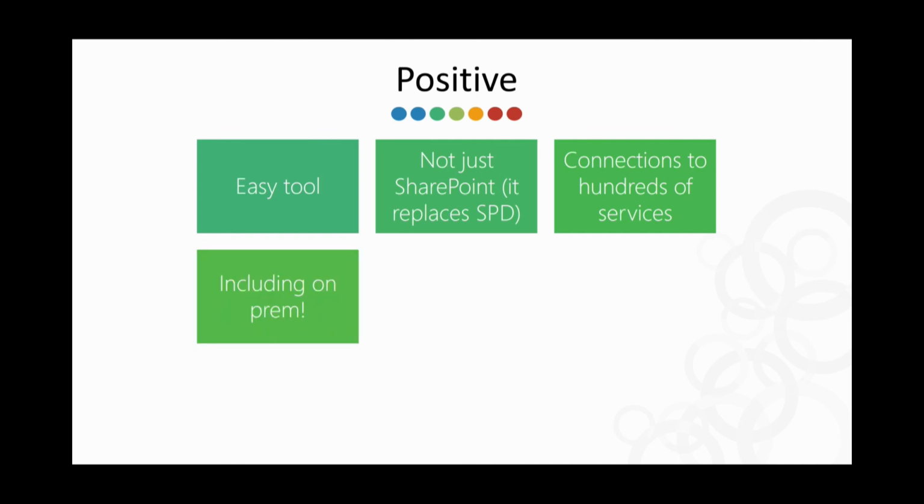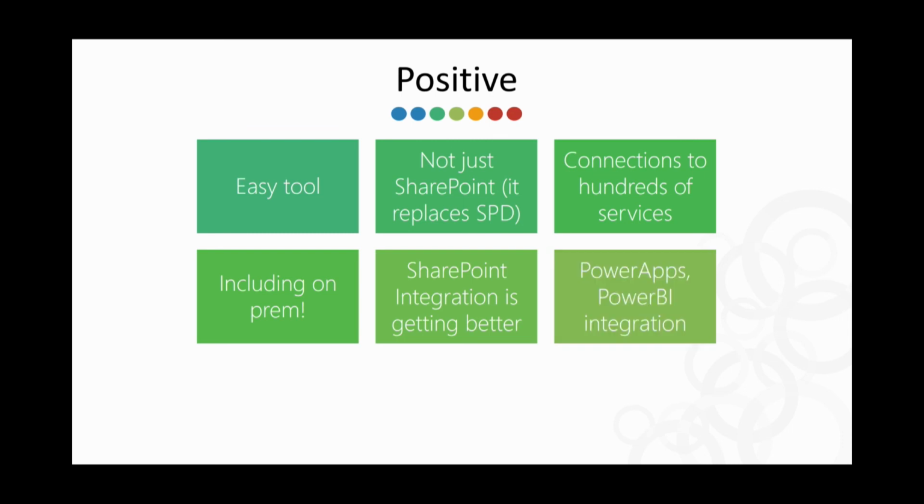Also, you can communicate with on-prem, and you can have more with SharePoint 2019, where in on-prem you will see the menu. And the integration with SharePoint is getting better. You have seen who owns the list, who owns the flow, the list can own the flow, etc. So you will see more and more integration with SharePoint. SharePoint is really key in Flow strategy. And perhaps Power BI integration are very interesting and get better and better.